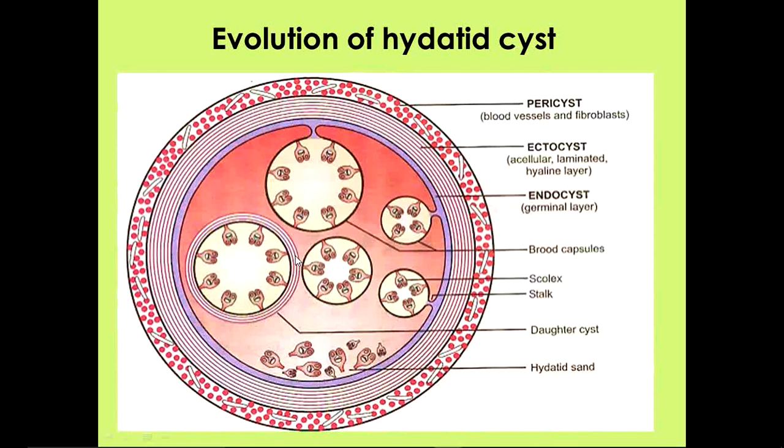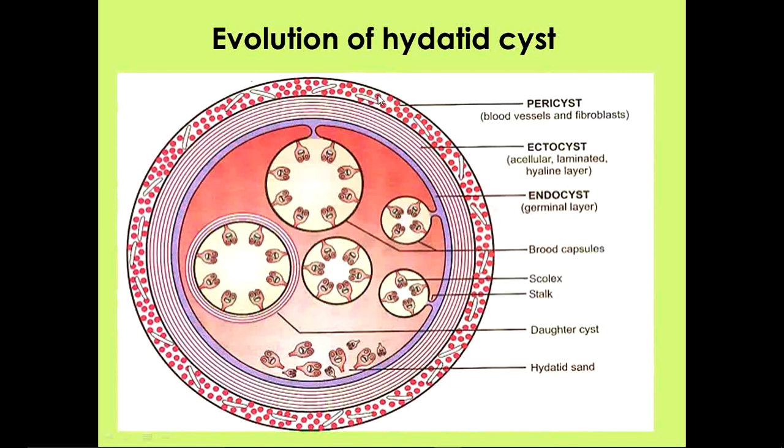And this is because there is high intracystic pressure that would cause herniation or rupture of both germinal and the laminated layers through some weakened part of the adventitia, and this results in the formation of these exogenous daughter cysts.